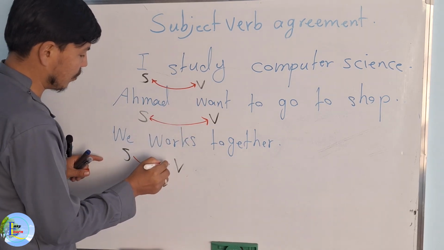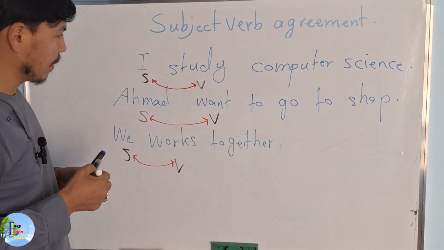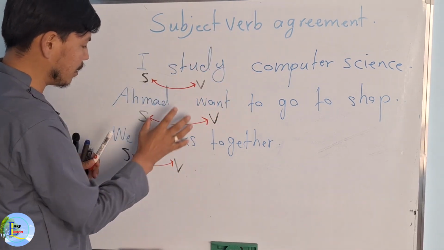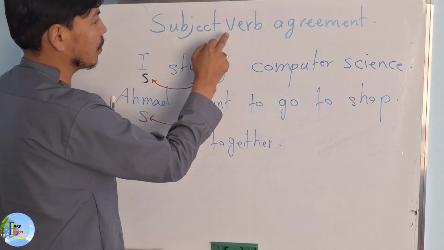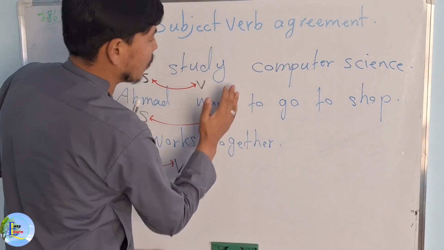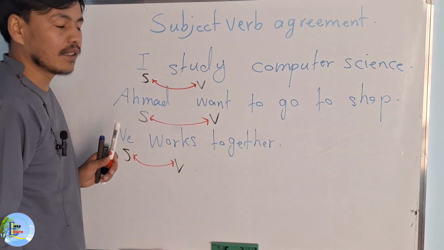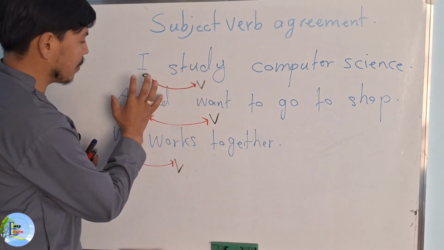Again, the subject is the doer of the action and the verb is the action itself. This topic focuses on this part: subject, verb, agreement. So we do not need the other part of the sentence. Whatever you want to write should have meaning, but this is what is important.